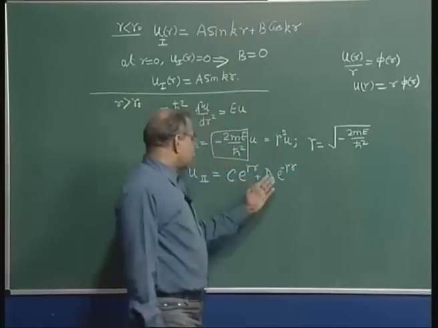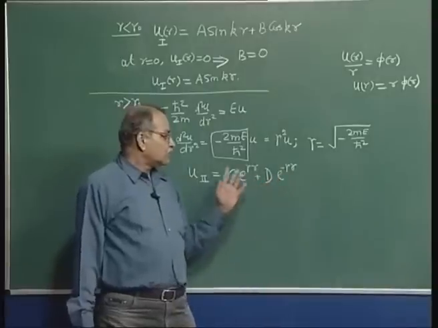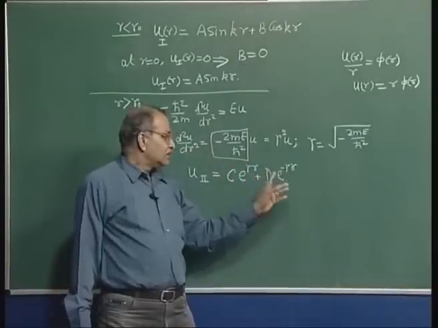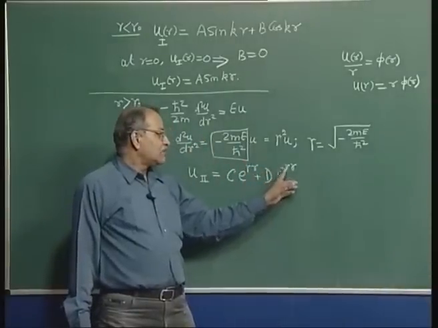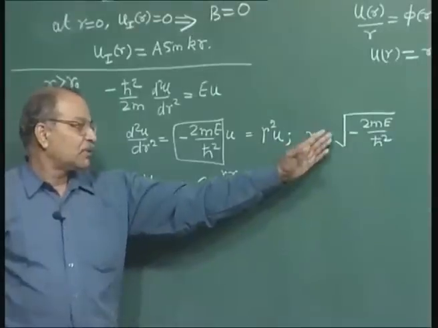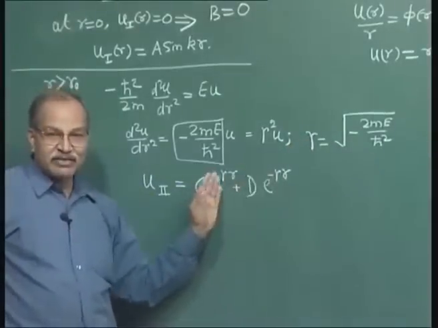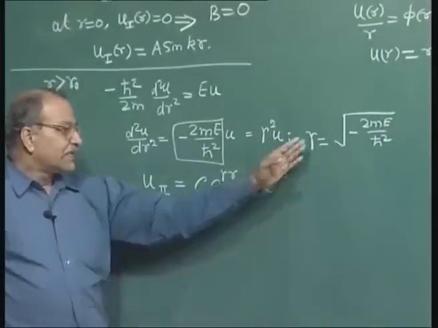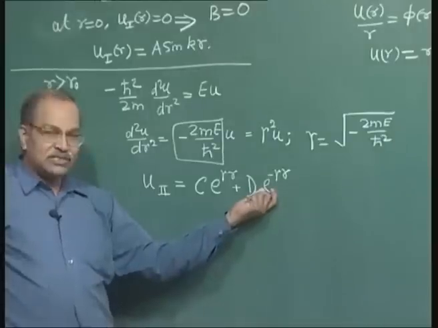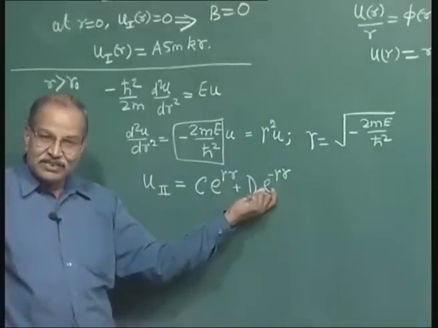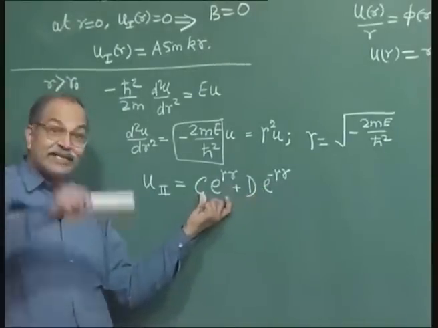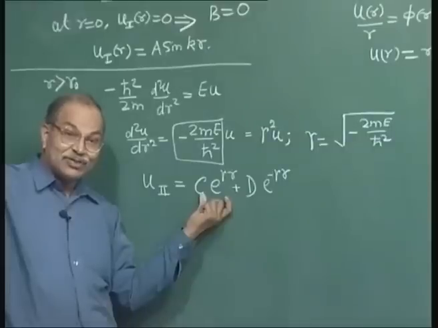So, look at these two terms, at r equal to infinity. Here it is e to the power minus gamma r. You can always take positive values because you have both gamma and minus gamma. So, taking gamma positive, this is decaying, going to 0, and this is rising, going to infinity.